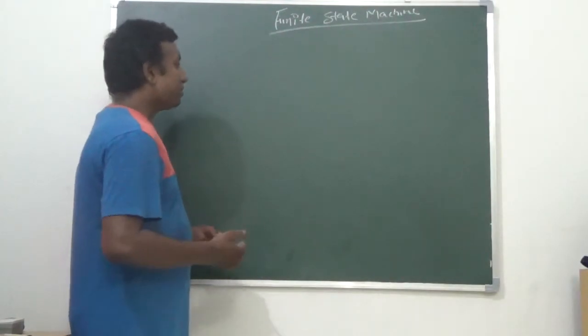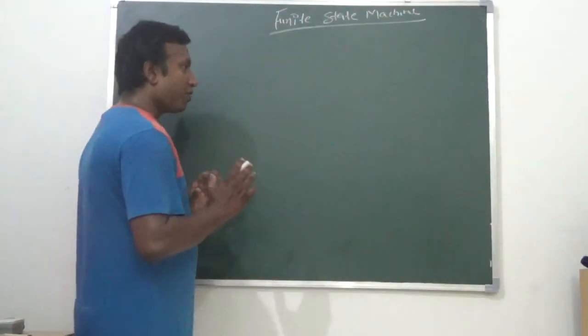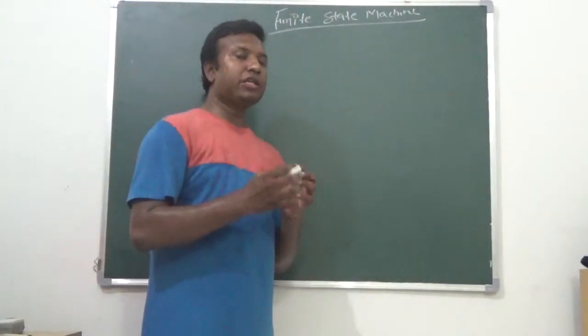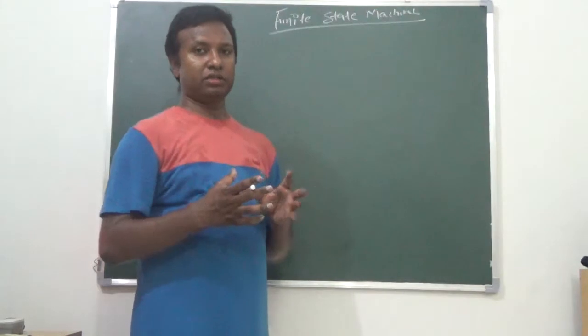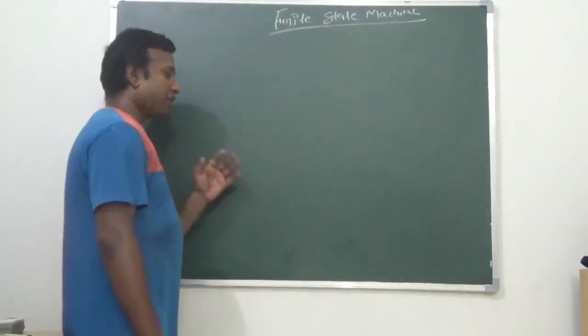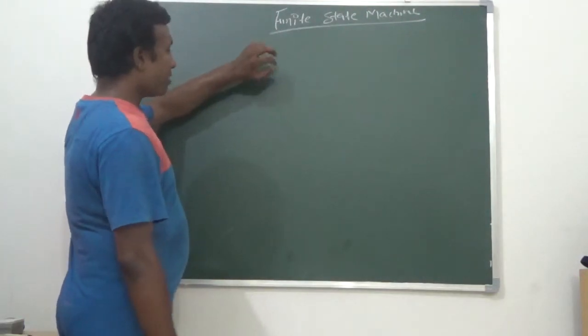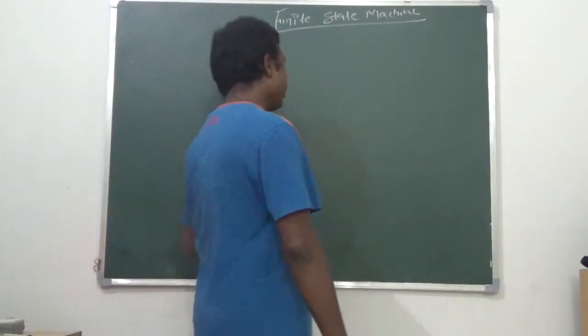A finite state machine is a kind of machine which solves problems by using some finite information. We will discuss all the states, but before discussing this point, I need to discuss some mathematical points.